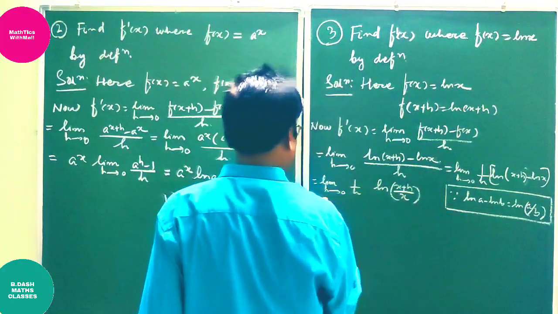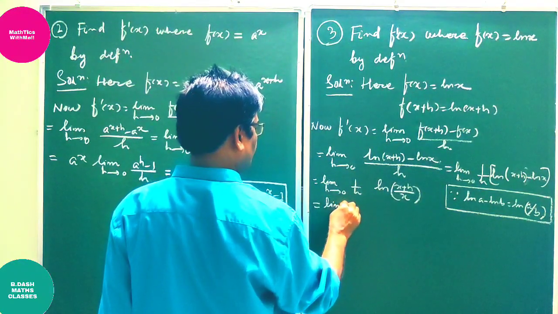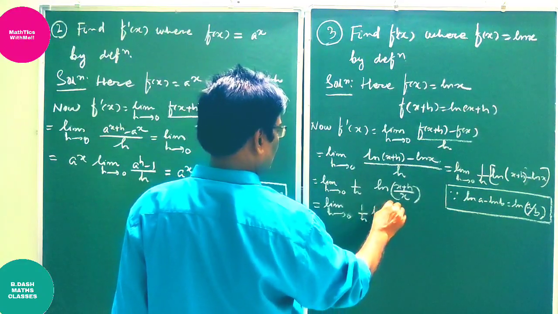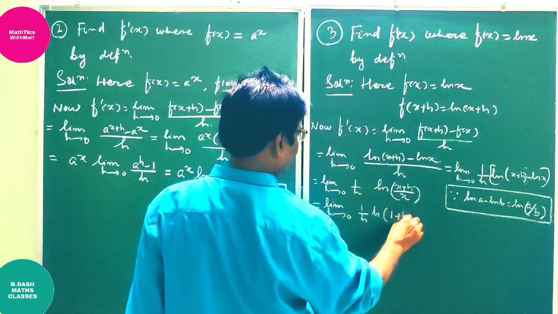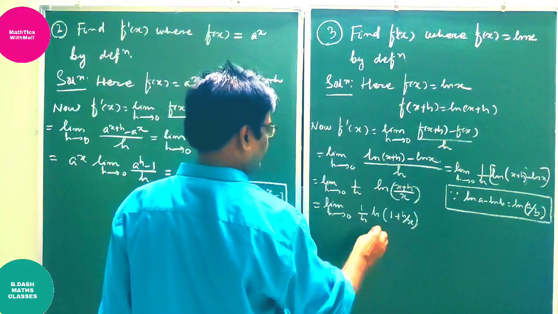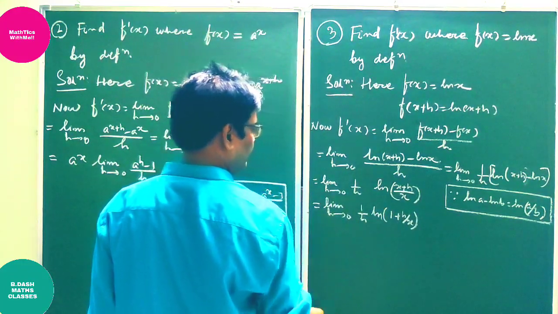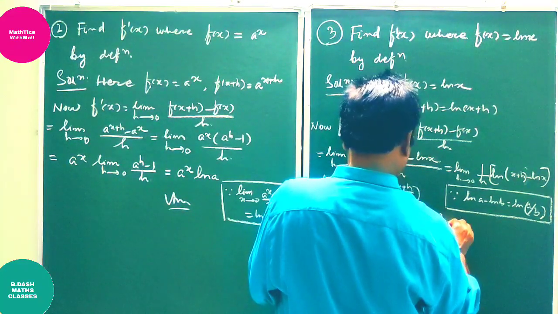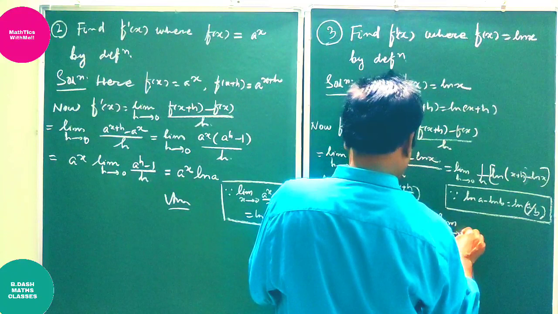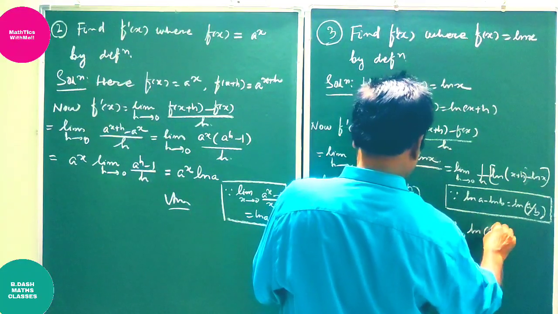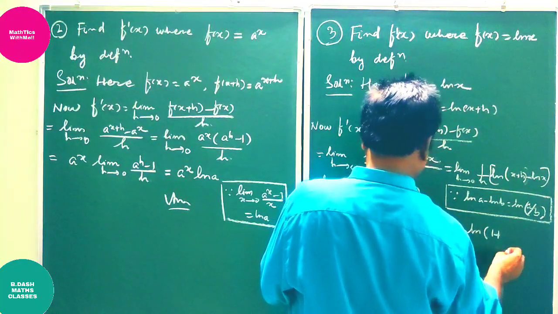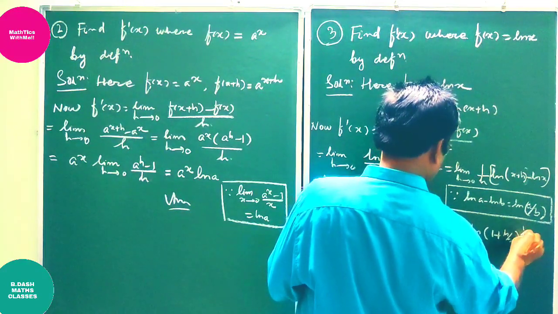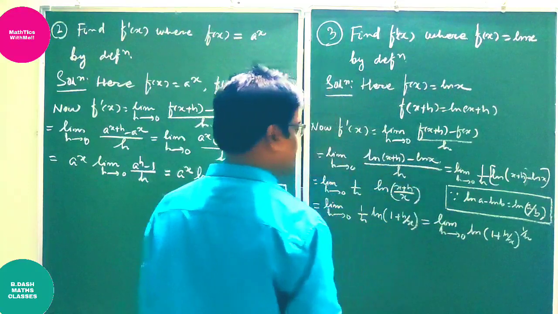So this is equal to limit h tending to 0, 1 by h ln of 1 plus h by x. So this is equal to limit h tending to 0 ln of (1 plus h by x) to the power 1 by h.